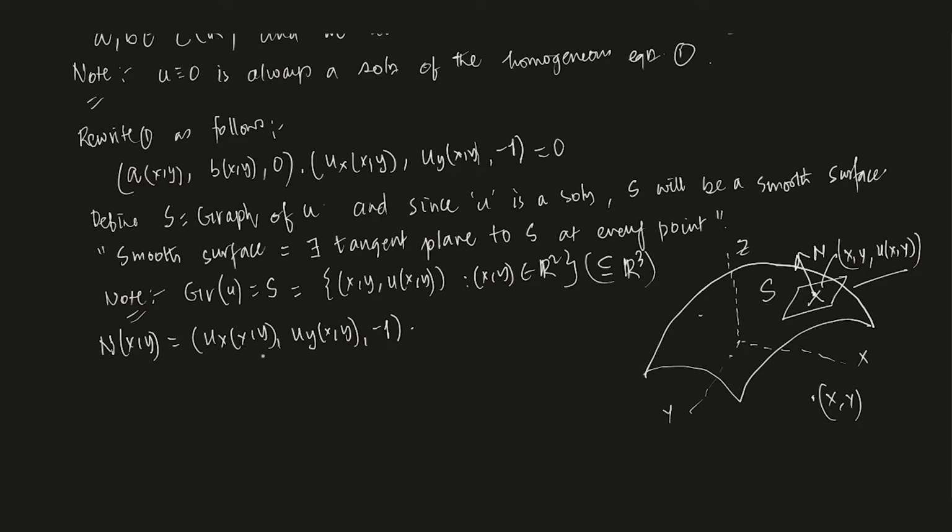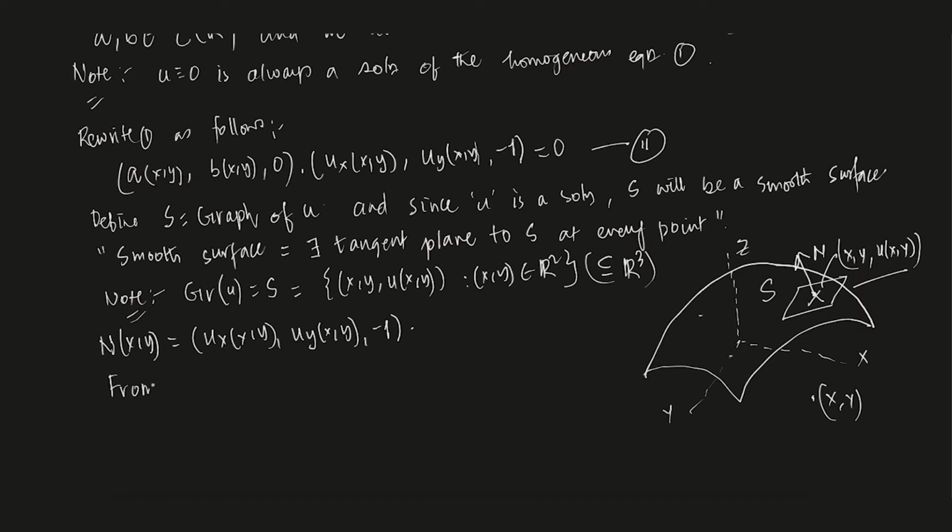Once we have this normal, let's look at this equation. At any point on the surface S, if this is the normal, it means that (A, B, C) dot the normal vector is 0. It means that (A, B, 0) always lies on the tangent plane, right? Let's say that is your equation 2.